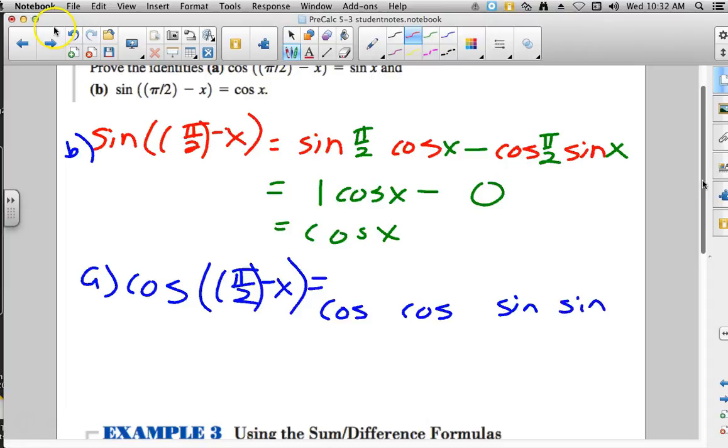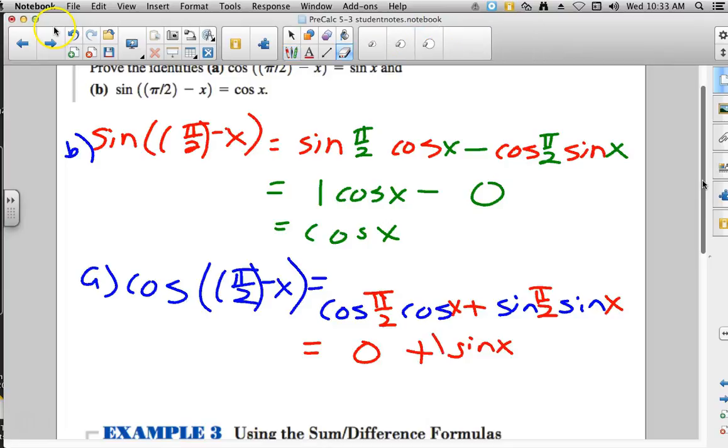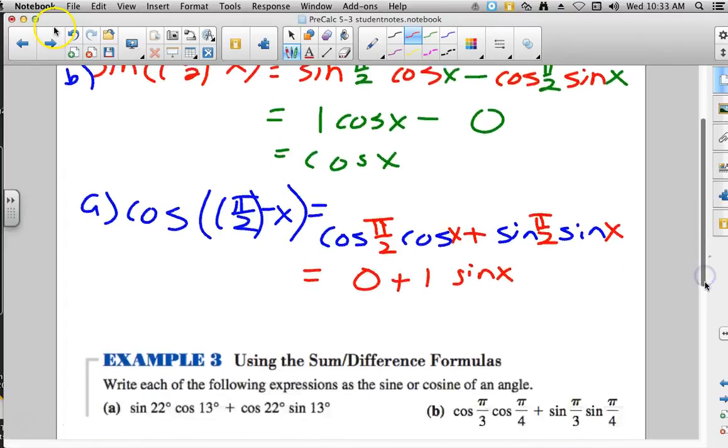Plus. Pi over 2 and x. Cosine pi over 2. 0. Sine of pi over 2. 1. Oops, it doesn't look like a 1. It's all crooked. So it is the sine of x.